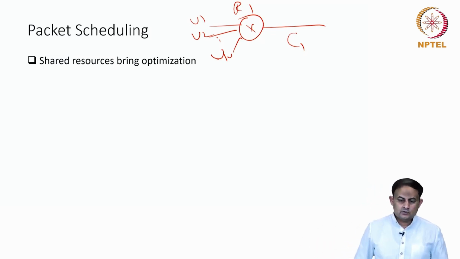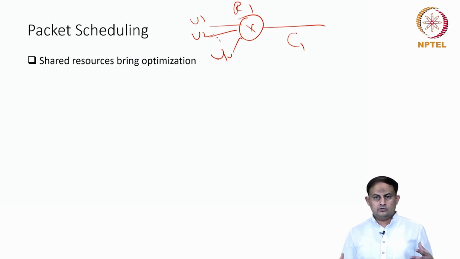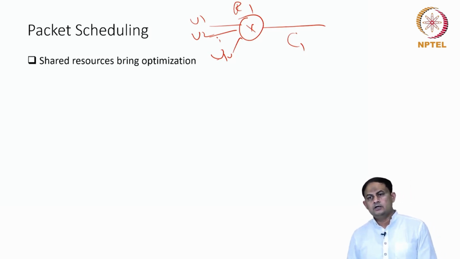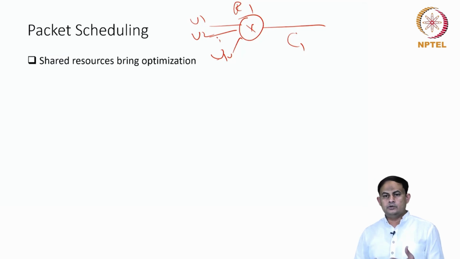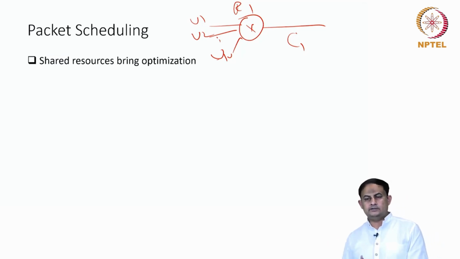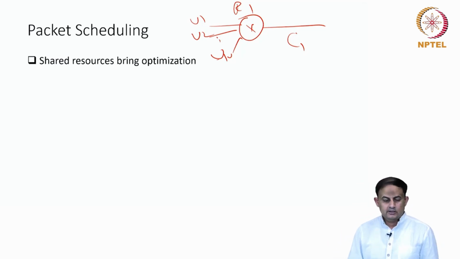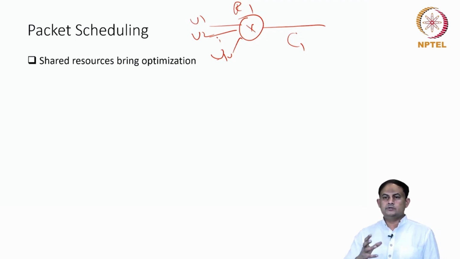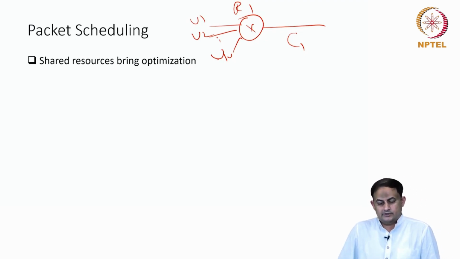If I want to give more priority to user 1's transmission, how do I do that? If I want to give least priority to user 10's transmission, how do I do that? That differentiation is brought about by using the scheduling operation.